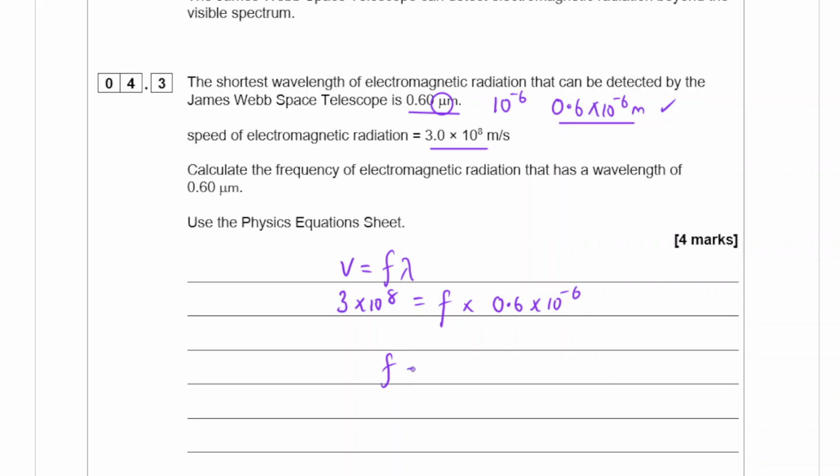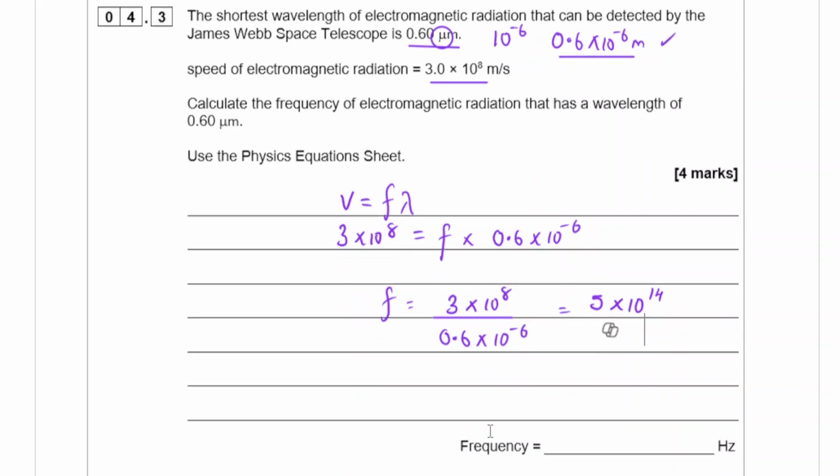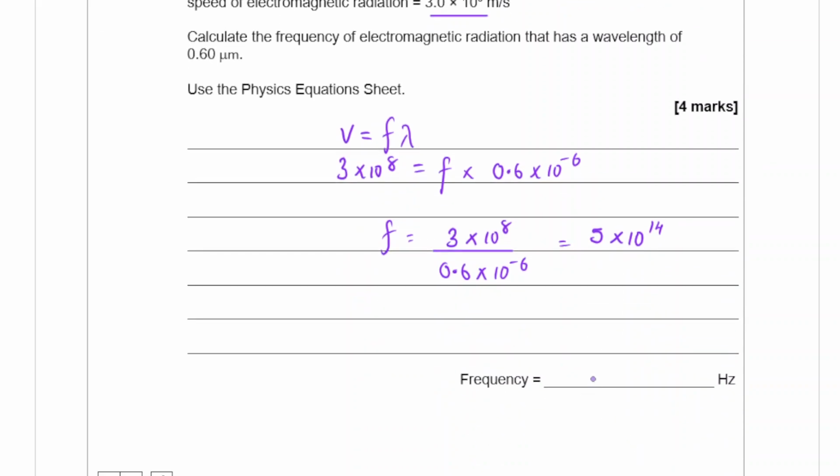So frequency equals 3 times 10 to the power 8 divided by 0.6 times 10 to the power minus 6. That gives me 5 times 10 to the power 14 hertz.